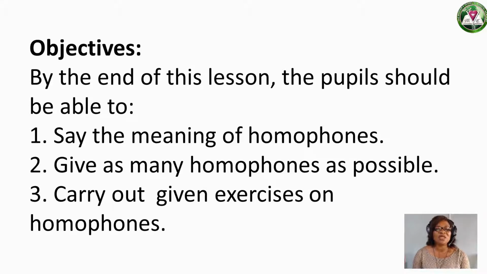We also made mention that there are some antonyms that can be formed by adding prefixes. And we say that a prefix means a word, letter or group of letters added to the beginning of a word to change the meaning of that word. So we also form some antonyms by means of prefix.